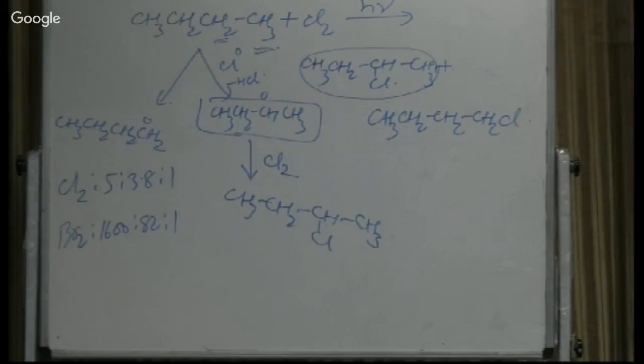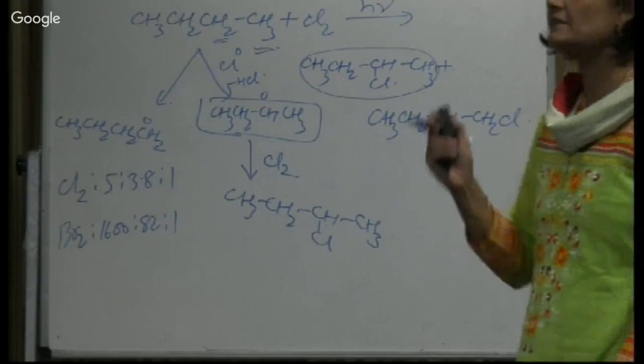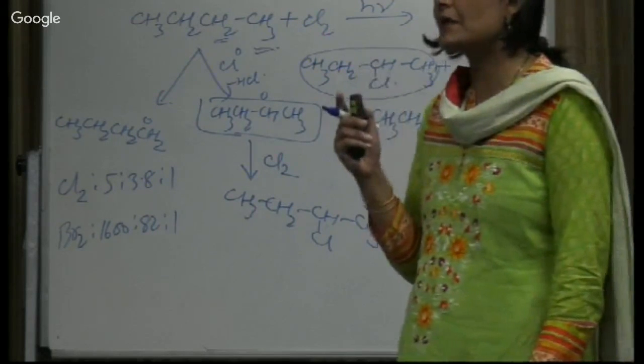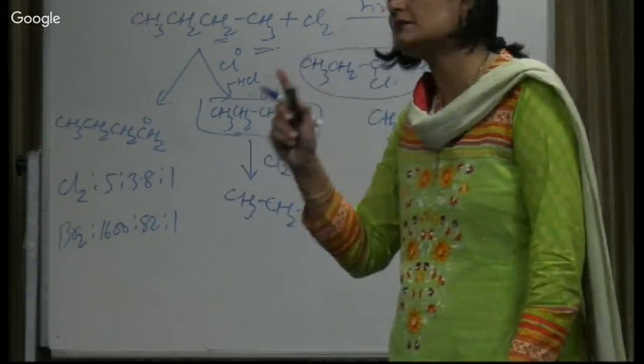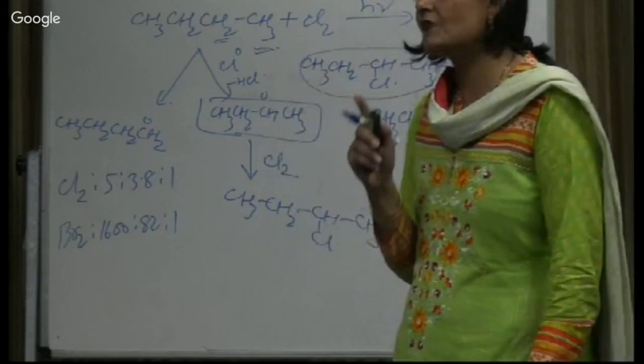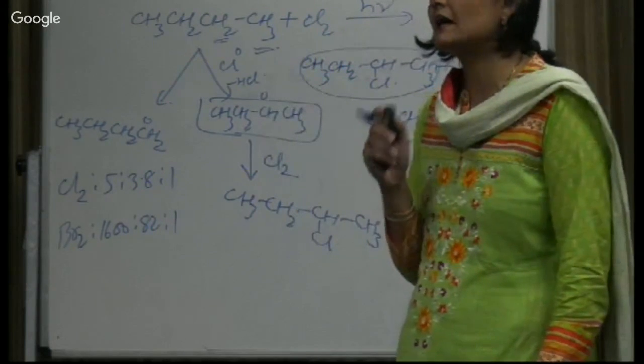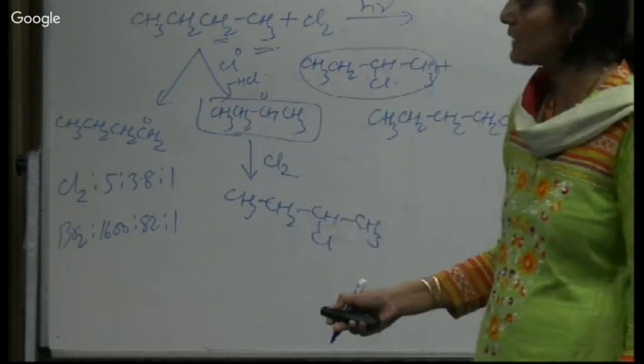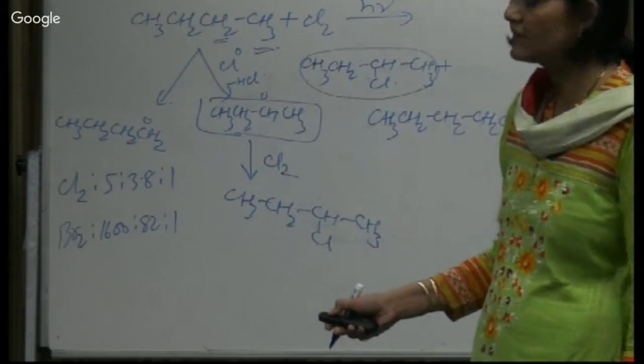The sulfonation reaction of alkanes again gives you a mixture of products, and the sulfonation will take place on all the different kinds of carbons which are present in an alkane. You can see here you have a primary carbon and you have a secondary carbon.